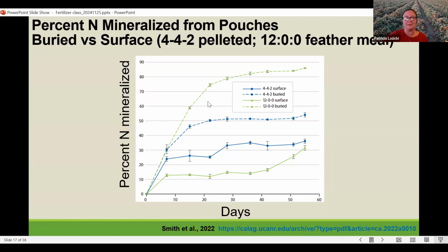And this is for a couple of different reasons. A big one is moisture. It's drier up on the surface, and so that will have an effect. It also doesn't have as much close contact with the soil microbes. And then another issue can be volatilization, and Daniel talked about that last week.